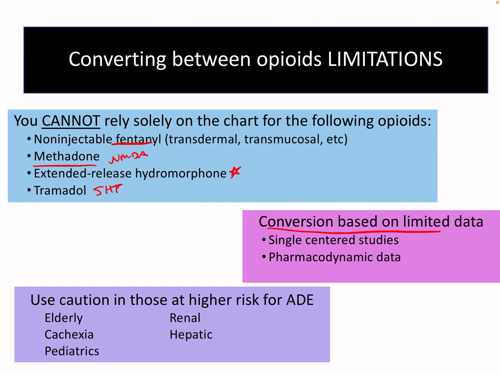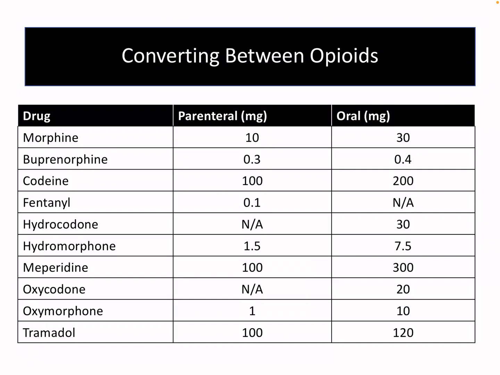Also, conversions are based on limited data, primarily single-centered studies and pharmacokinetic data. And there are patients at higher risk for ADEs, adverse drug events, that we need to consider, including elderly patients that are cachexic, meaning that they're low weight, malnourished, etc. Pediatric patients, patients with renal and hepatic disease.